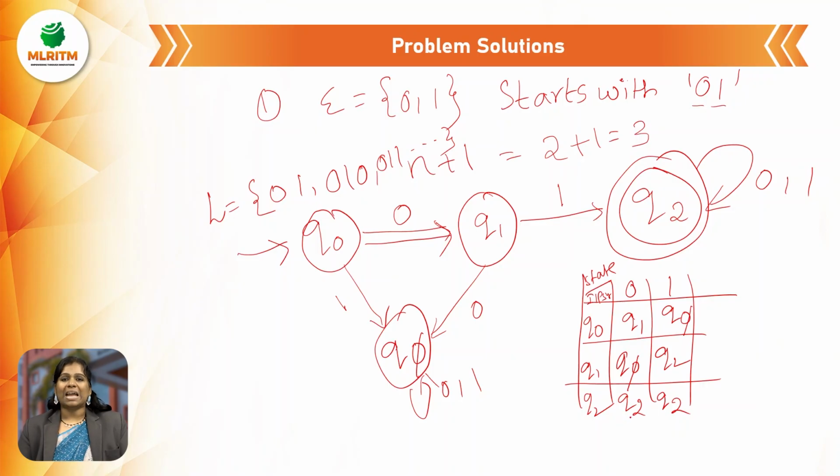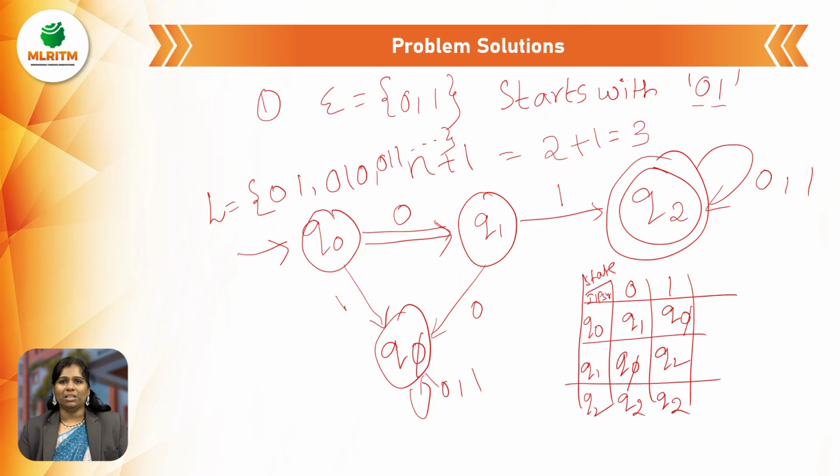So the starts with condition is 0 1. First we need to write the language and then we need to draw the transition diagram. For DFA every input string should go through every state and it has to move from one state to another state.